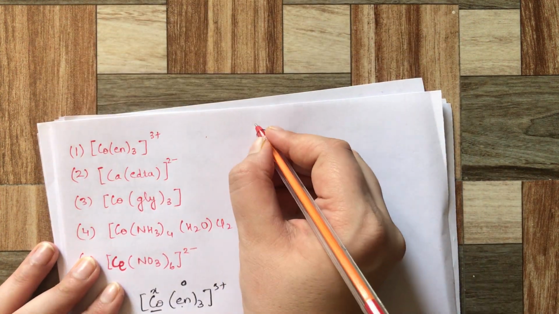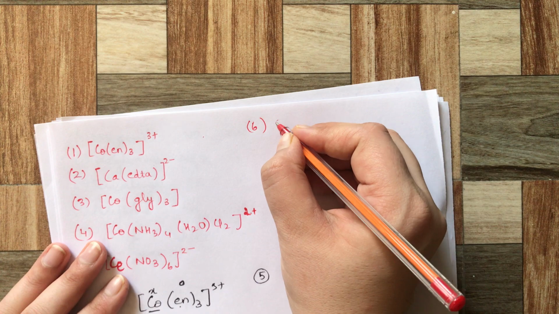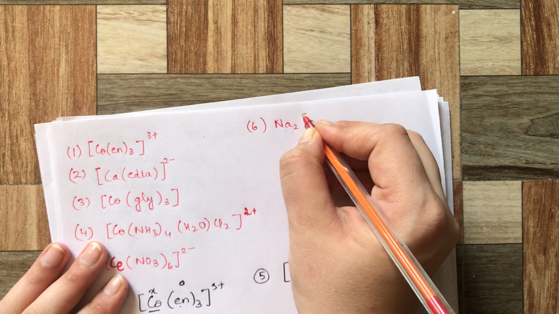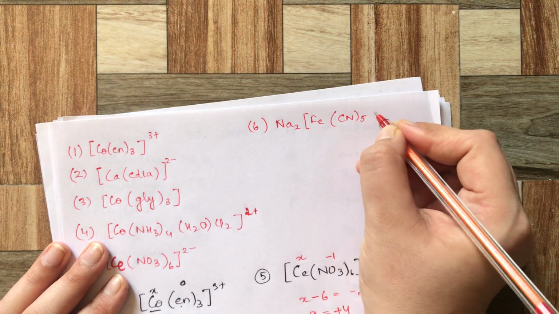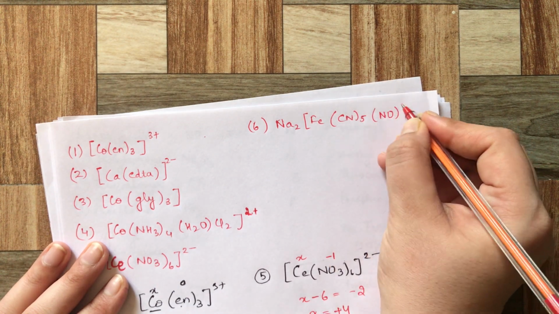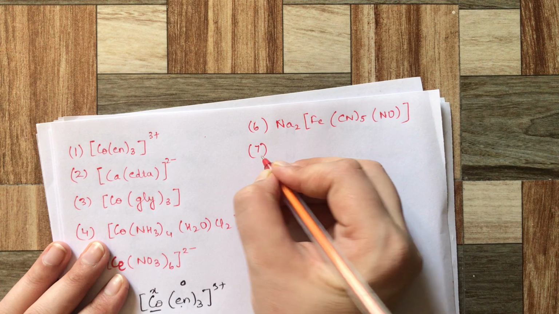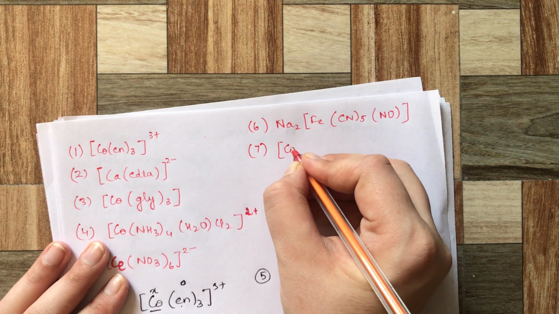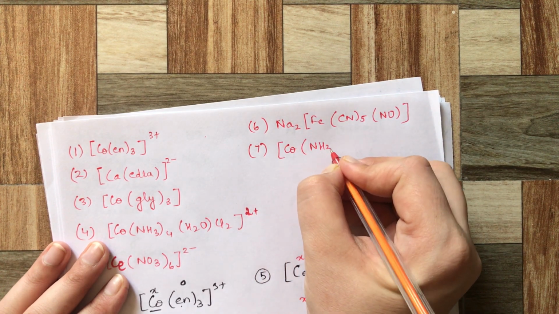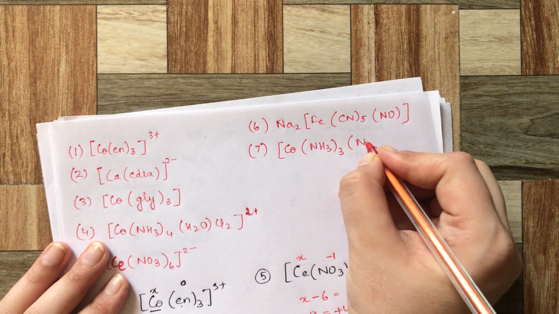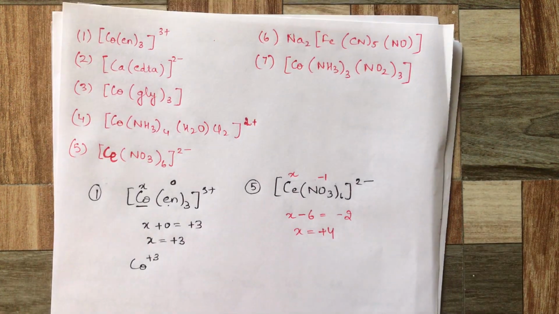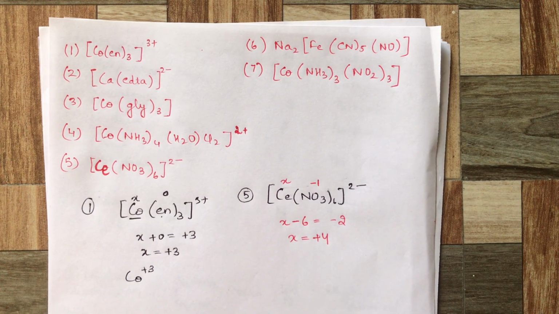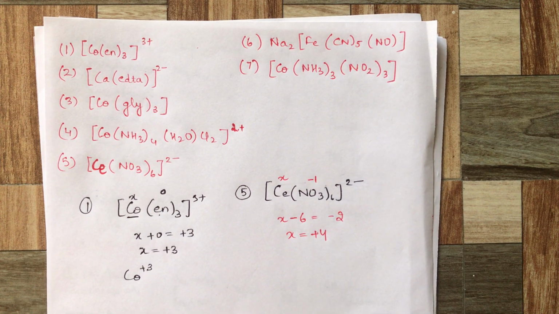In addition, let me give you Na2[Fe(CN)5NO], and next [Co(NH3)3(NO2)3]. I leave it to you to solve these. If you have any problem, we'll discuss that in the next segment.